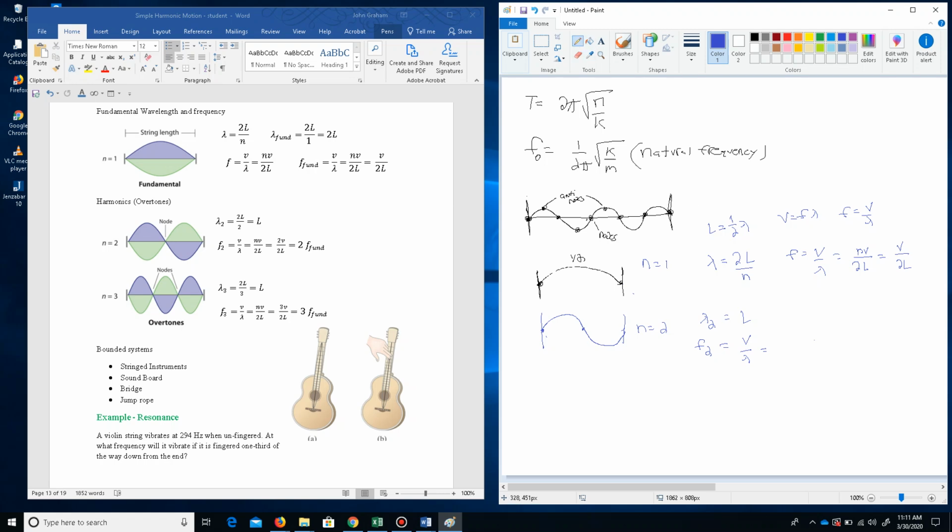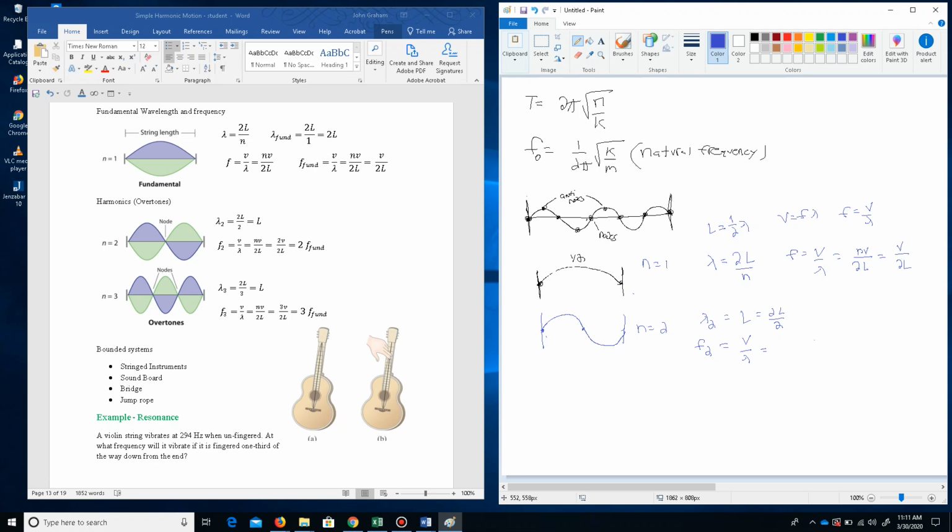Okay, this is where the N comes in. We can actually get the N with just looking at the wavelength. So this wavelength is 2L over L. Okay, so make that 2L over 2. So the same thing as wavelength equals L, but we're going to add this 2 over 2 in order to get it to match up.